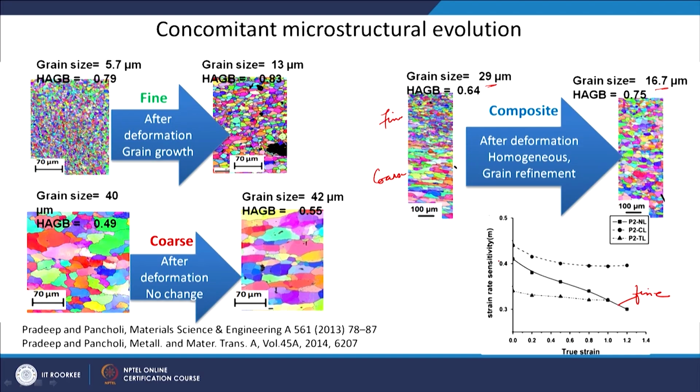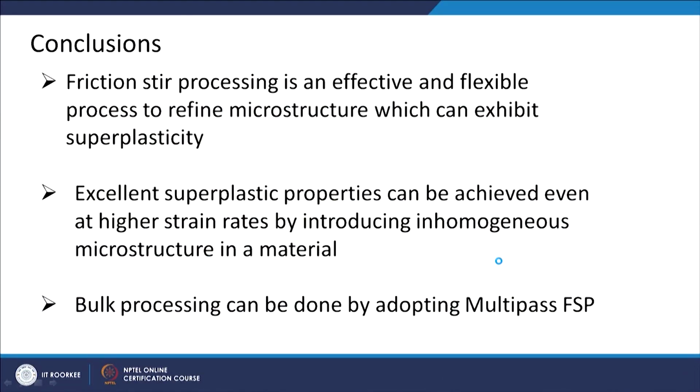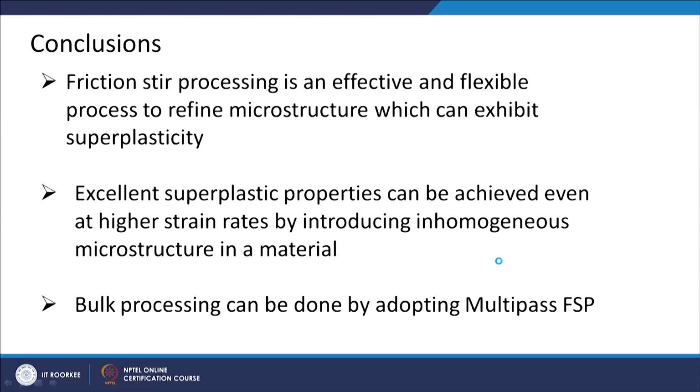So, this is what is helping to achieve higher ductility in the composite microstructure. Okay. So, to conclude, friction stir processing is an effective and flexible process to refine microstructure which can exhibit superplasticity. Okay. And you can achieve very good superplastic properties at relatively higher strain rates by introducing this inhomogeneous structure, a composite structure, and you can easily adopt FSP as a bulk processing technique by doing multiple passes.